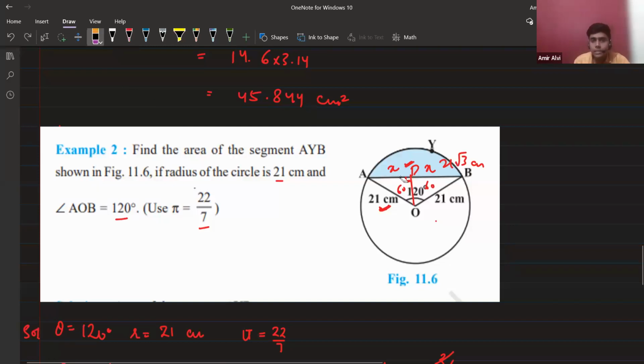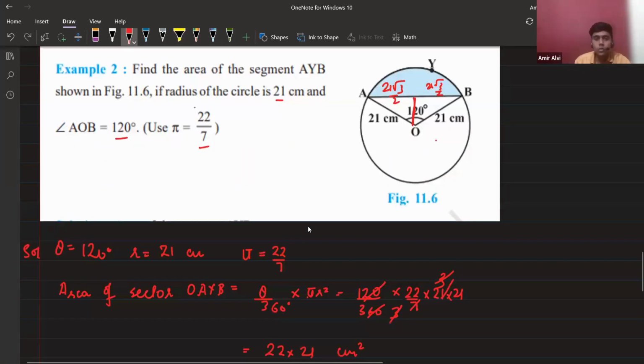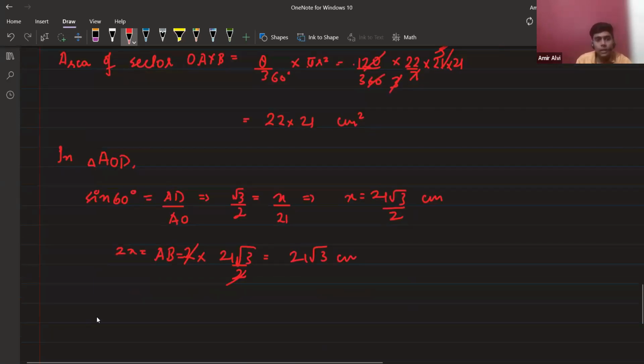Let me raise this thing. Okay. Now this is 21 root 3 by 2, 21 root 3 by 2. I need to calculate this height. I can use tan theta in the same triangle AOD.